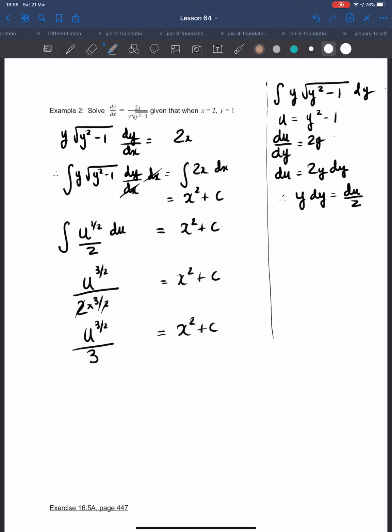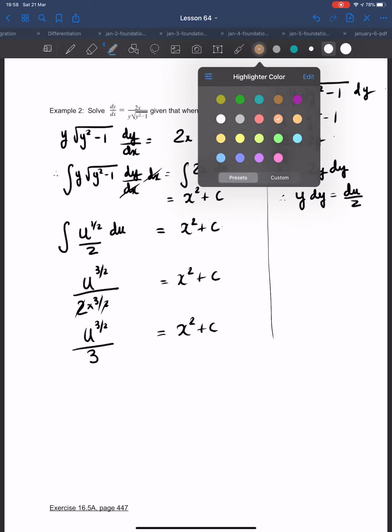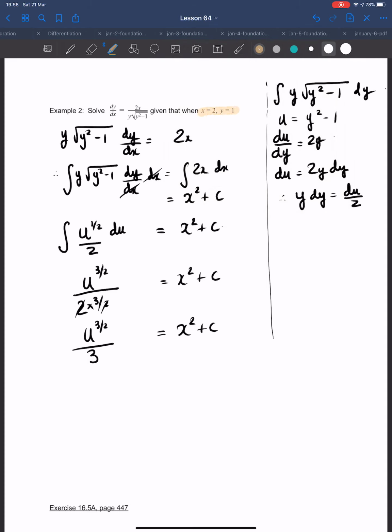Thought it was the end of the story, but it's not, because we've got x is 2, y is 1, and that's going to help us find the c. When we replace the u as well, u was y squared minus 1, so y squared minus 1 to the 3 over 2, over 3, equals x squared plus c. I'm going to work out this c now.